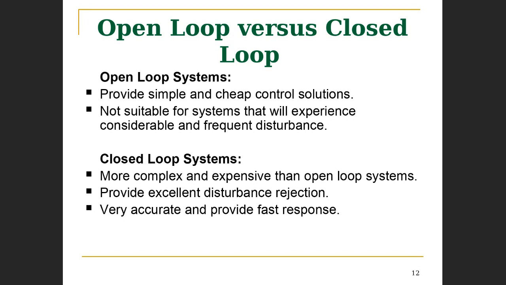If you have a conveyor belt system, and a conveyor belt system is moving objects from point A to point B, and you know that the number of boxes on that conveyor belt is fixed, so it may be that at any given time there are going to be 5 boxes on that belt, then you can go ahead and size your drive system, that is your electric motor and your gear system, to provide the desired speed.